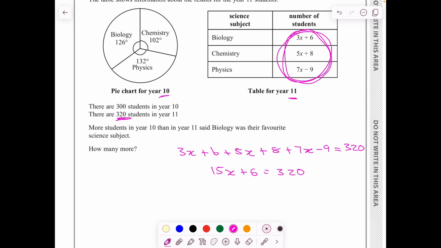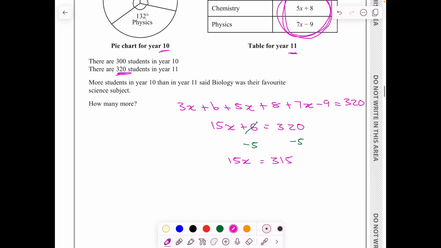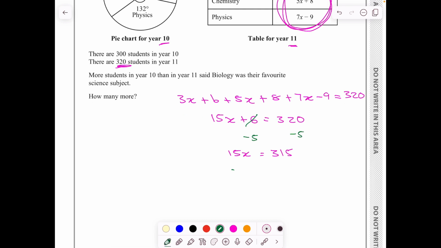So then I subtract 5 from both sides. And that gives me 15x equals 315. Divide both sides by 15. And I get x equals 21.